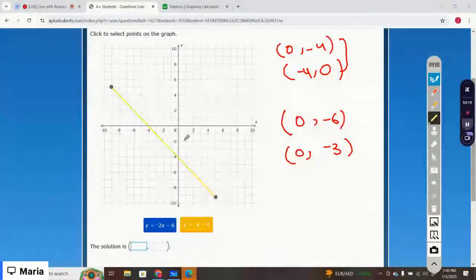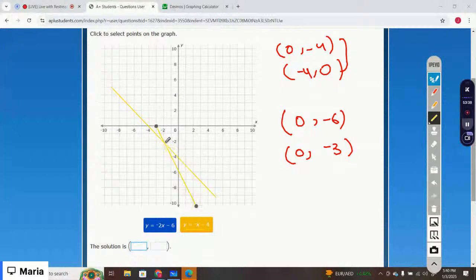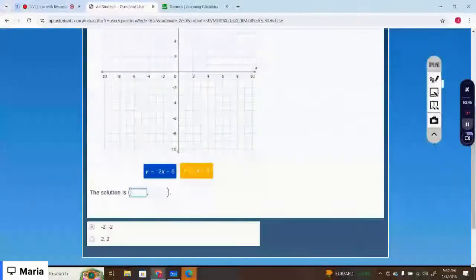And the second one is for the other line. So the point of intersection is negative 2 and negative 2, right? The correct option is negative 2 and negative 2. Option number 1 is the correct option.